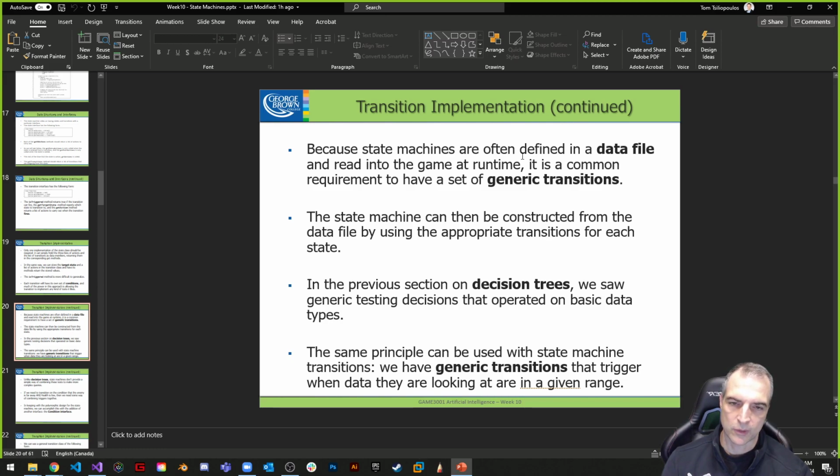Then we can load up each of the behavior state machines at runtime. So let's say if I wanted to tweak something, as an example, I want to build up that state machine, and maybe I can modify the AI if I notice that it needs a bit of a tweak, if I want to make another kind of transition.